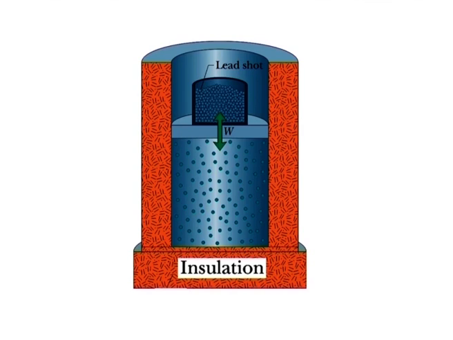If we remove shot from the piston and allow the gas to expand, the work done by the system, that is, the gas, is positive and the internal energy of the gas decreases. If instead we add shot and compress the gas, the work done by the system is negative and the internal energy of the gas increases.